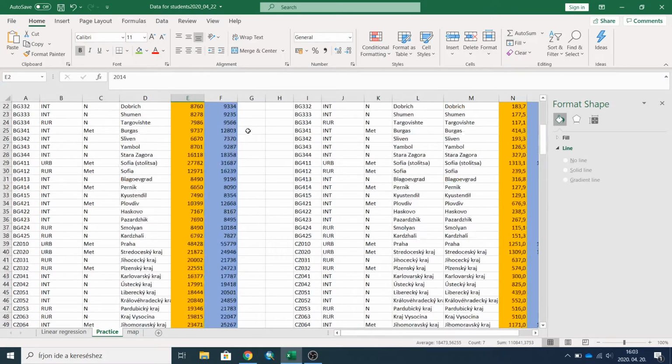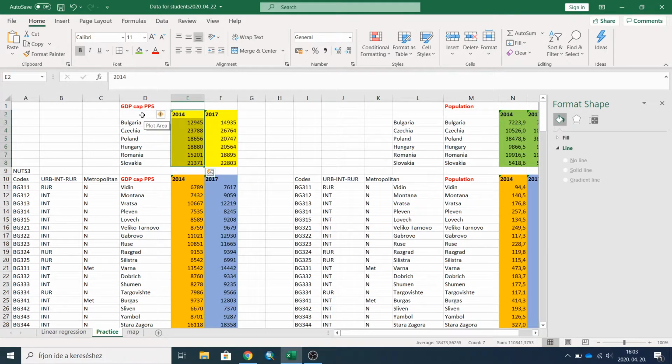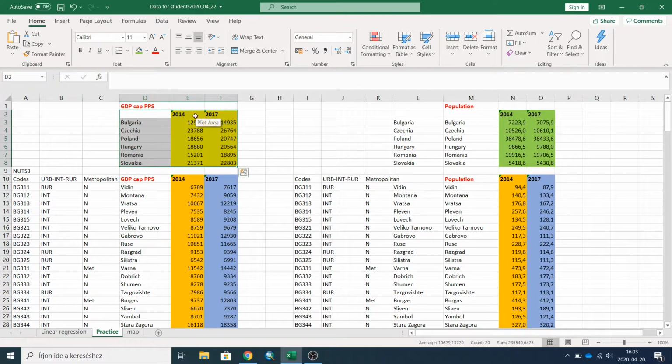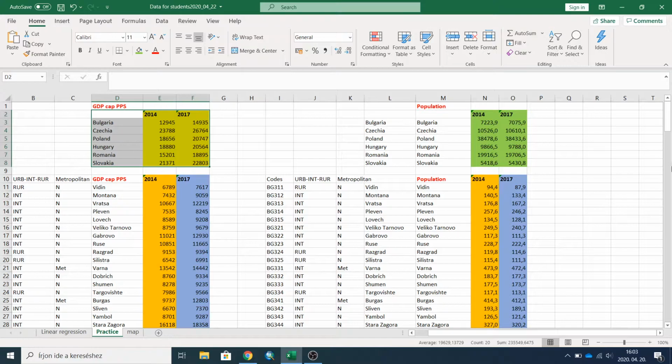Your homework is based on the same situation. Let's do the regression analysis of GDP per capita timeline comparison based on these variables, 2014 and 2017. Please analyze and put these charts next to the data. I would like to see one chart based on this timeline comparison.